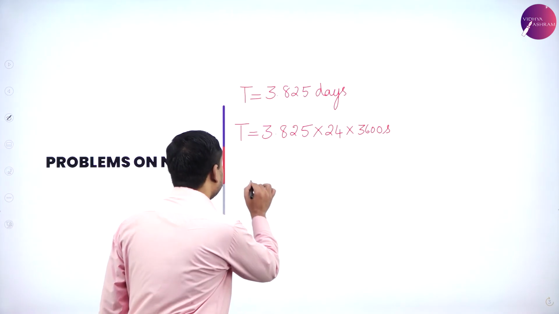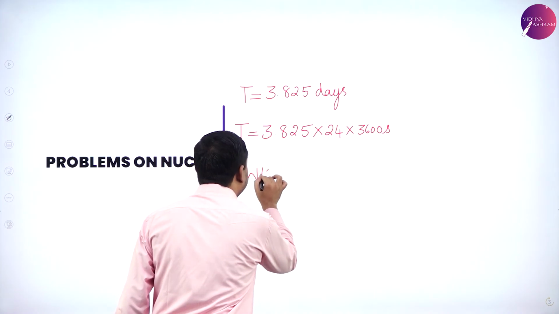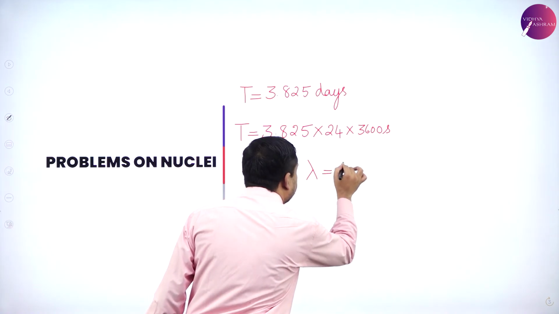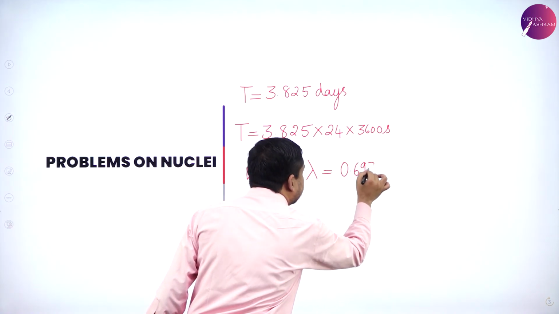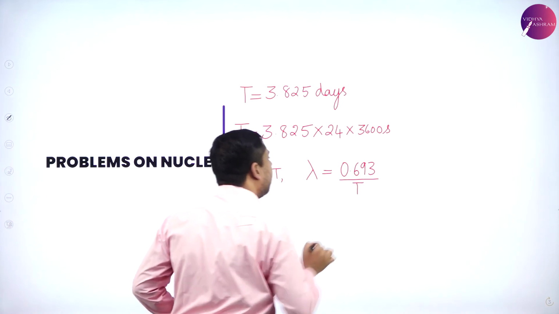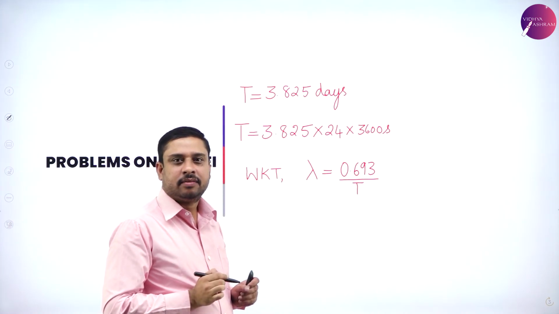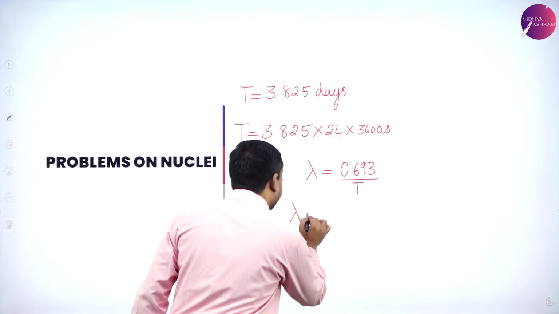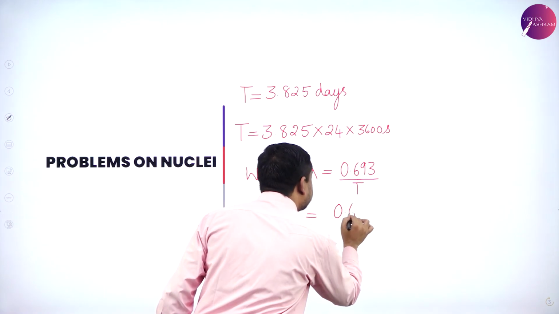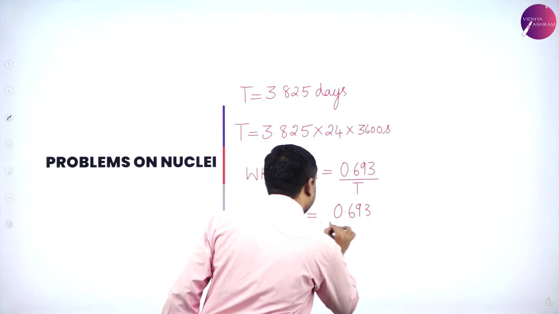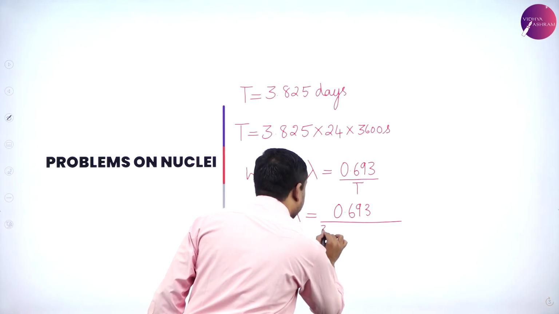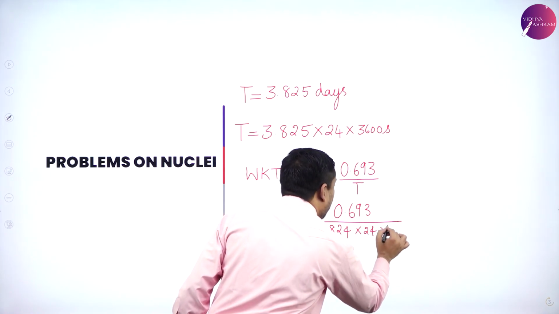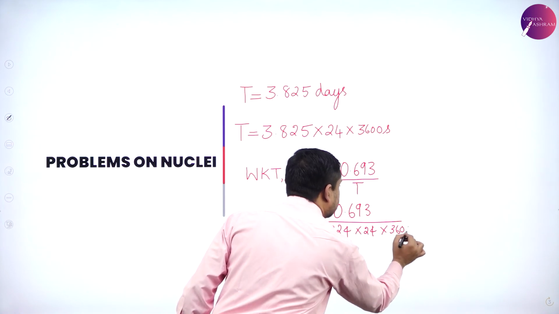Next. Now we know that lambda is 0.693 divided by T, the decay constant. So lambda is 0.693 divided by 3.825 into 24 into 3,600.